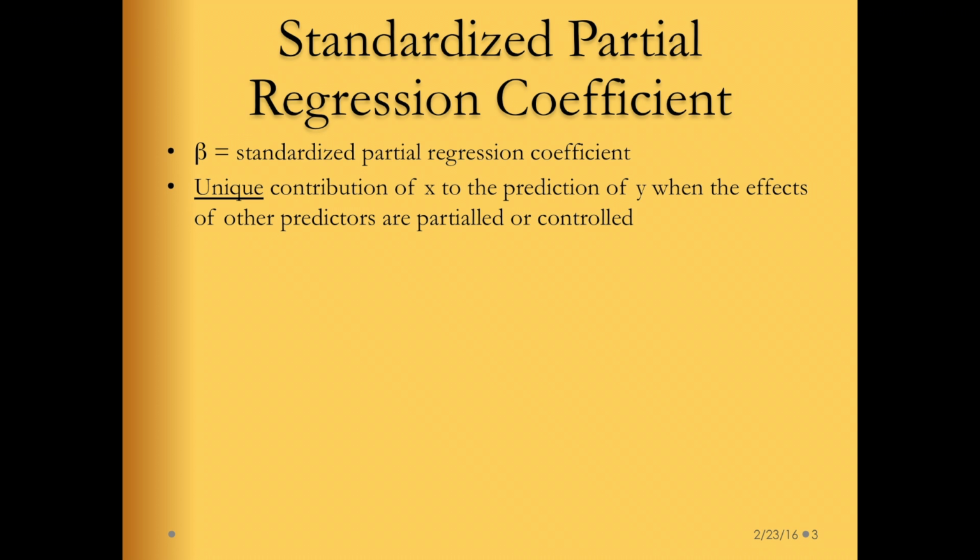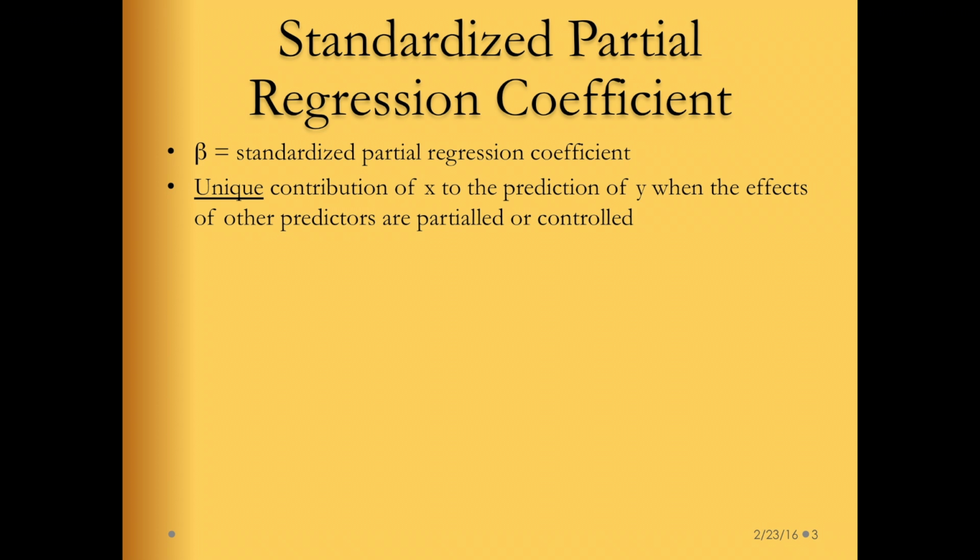As just discussed in the presentation on the regression line in multiple regression, the value of beta depends on the size of the unique contribution its predictor makes to predicting variance in y after the effect of the other predictors in the model are partialled or controlled.